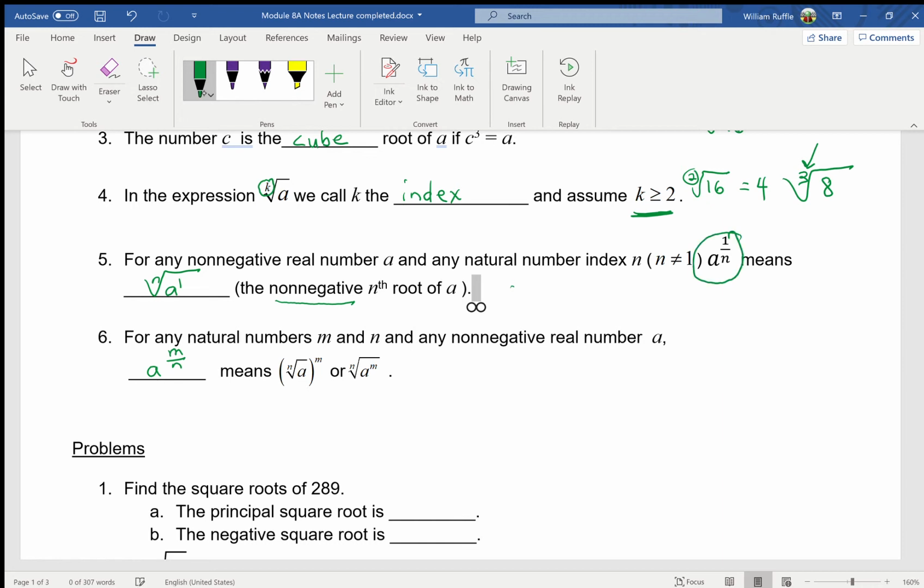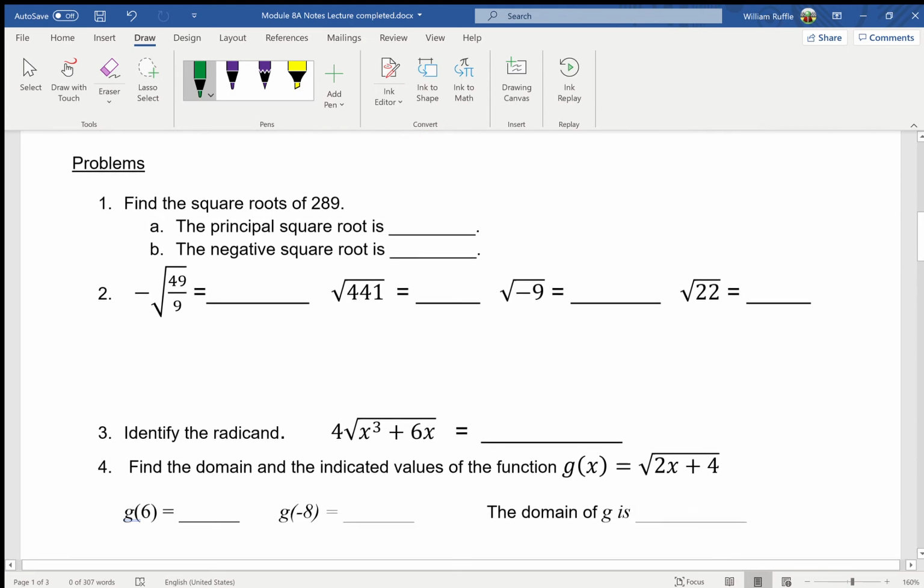We notice a to the 1 over n is the index, so it's the nth root of a to the first power. If I look at this here, okay, I look at a, the index is on the bottom, so it's going to be n, and then it's m on the top. And we'll be practicing that a lot, so you'll get to see more of that.